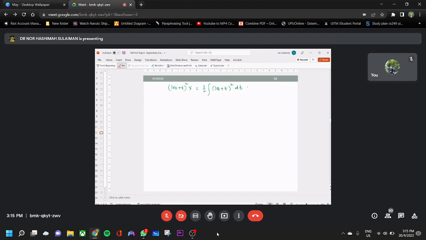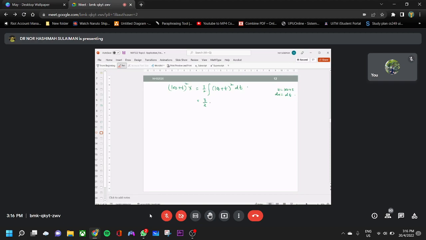So maknanya on the right hand side, 3 over 2. Kalau you gantikan u sama dengan 100 plus T, so what will be du then? du dt lah kan? So you akan dapat in the bracket ni is u to the power of 2 du.